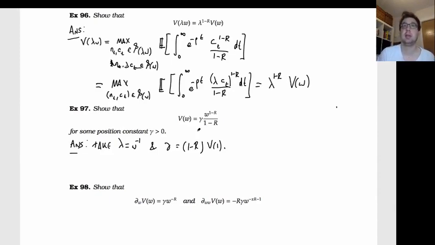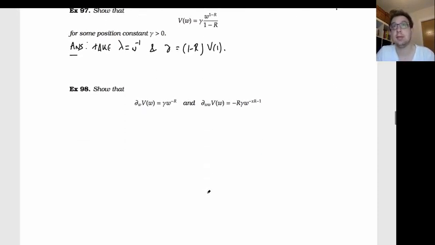We guess the form of the solution: V of W is this kind of power function. Given that guess, we want to look into the HJB equation and see which parameters work in terms of this gamma to give us a solution to the HJB equation. Once we've found that solution, we hope we've got an optimal solution.